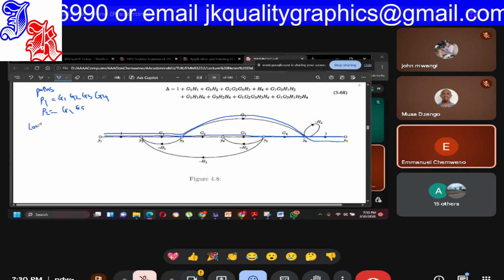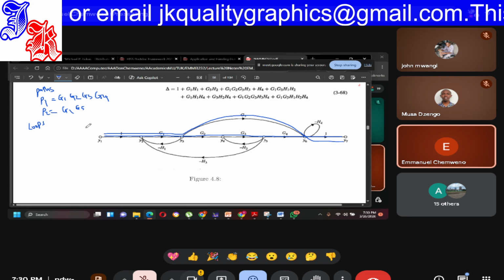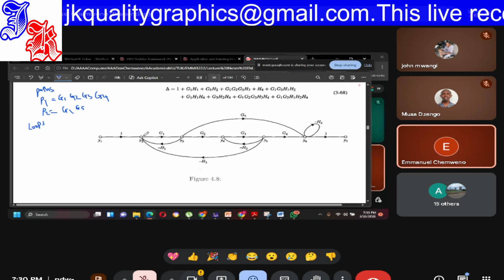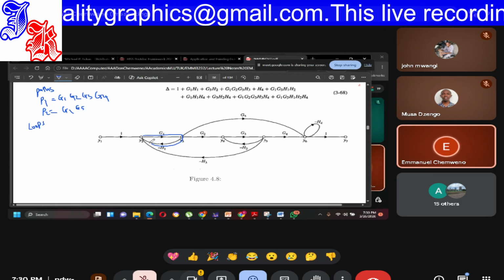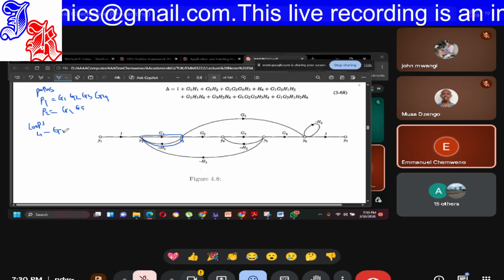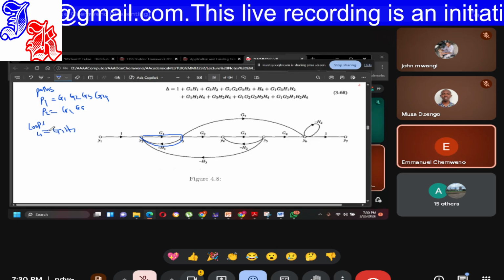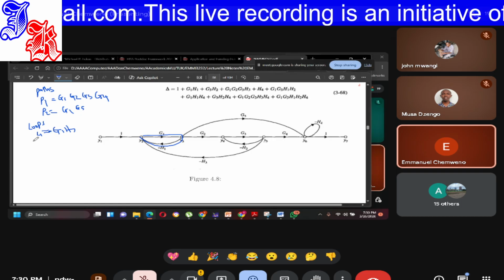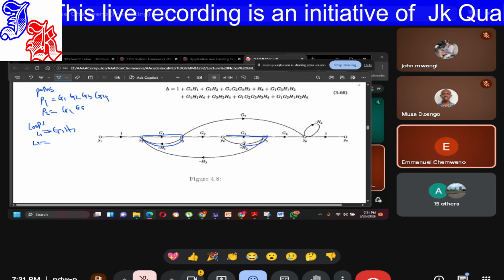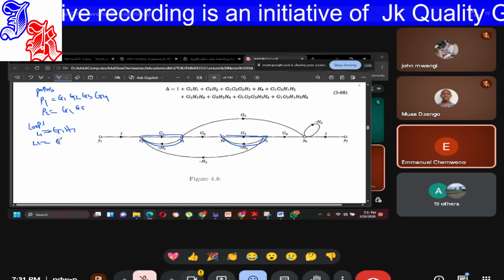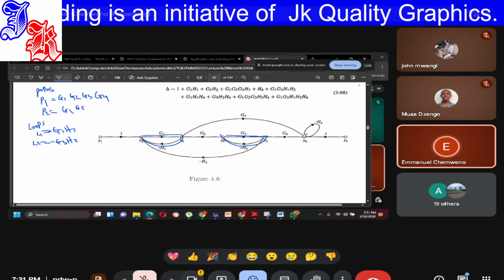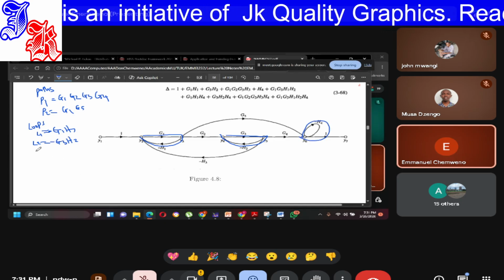Loops. Now allow me, I'll delete the paths to become clear. Loop 1, G1, H1, with a negative. Loop 2, and call it G3, H2. Loop 3 is minus H4.